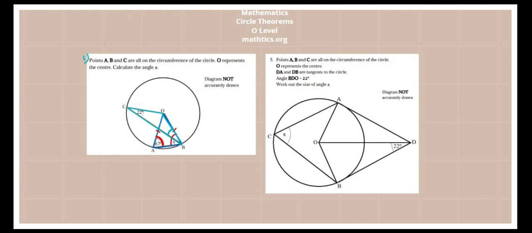It's not a diameter, but a chord joining two points of the circle. One side is exactly the radius, and this one is also a radius again. These two sides are again equal. So that means if this angle is 22 degrees, then this much angle would also be 22 degrees.